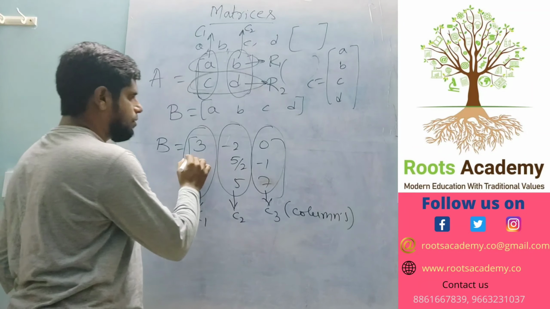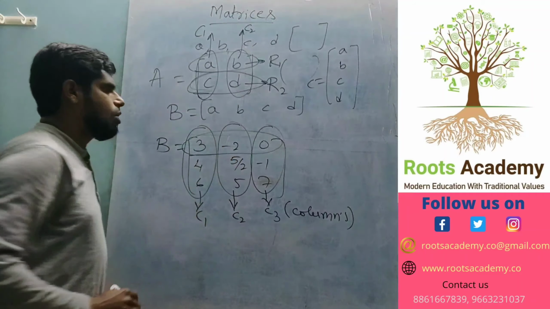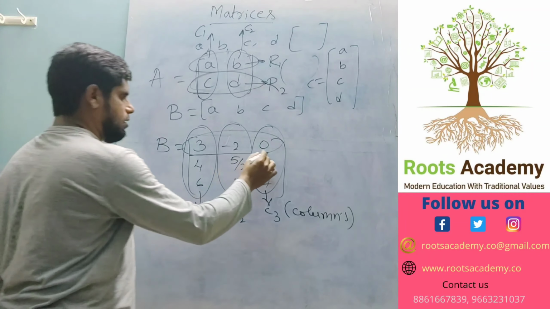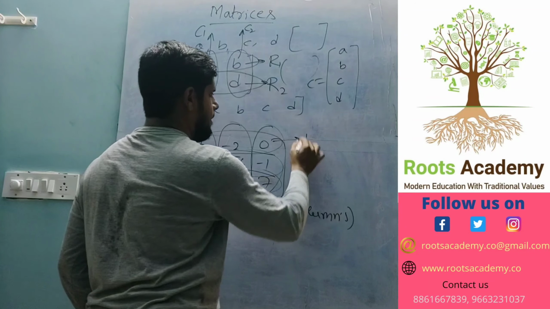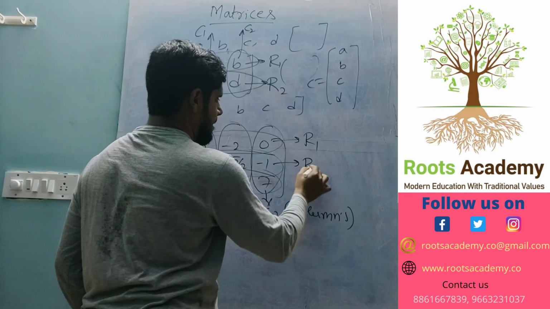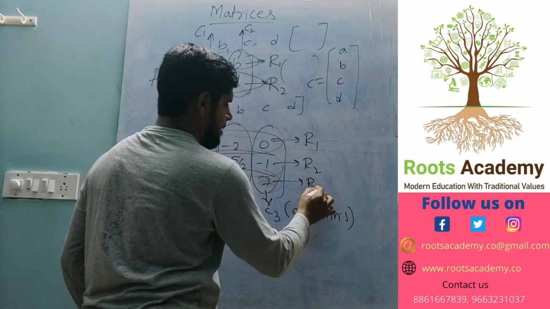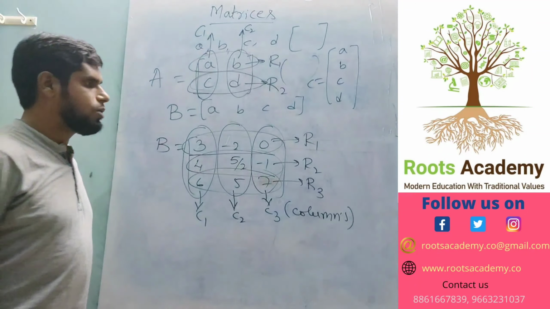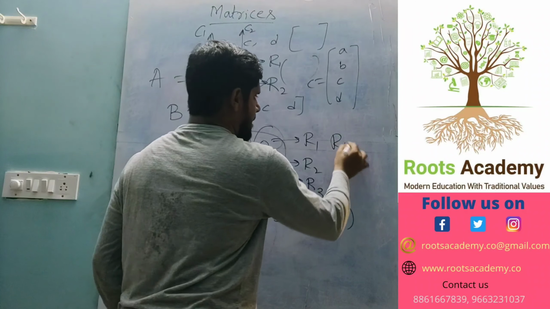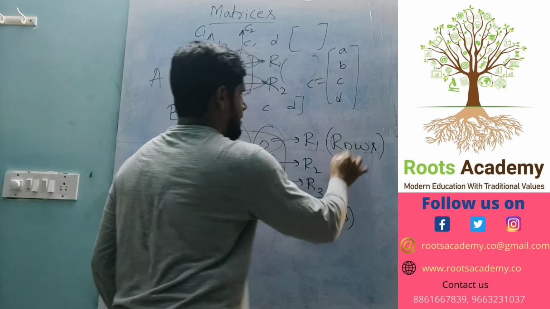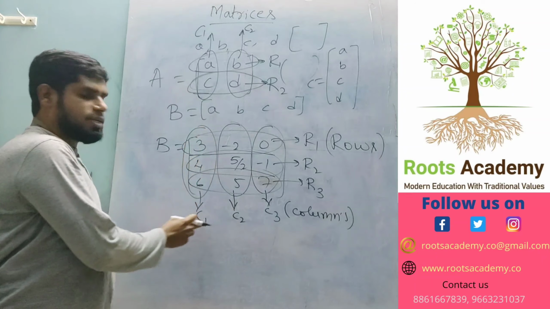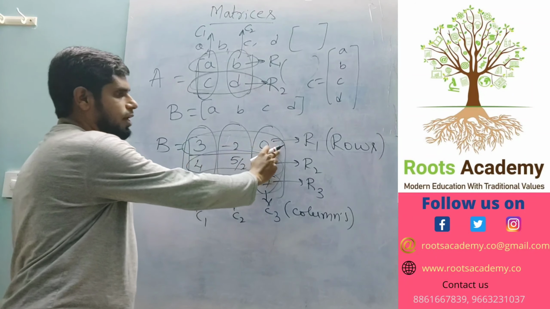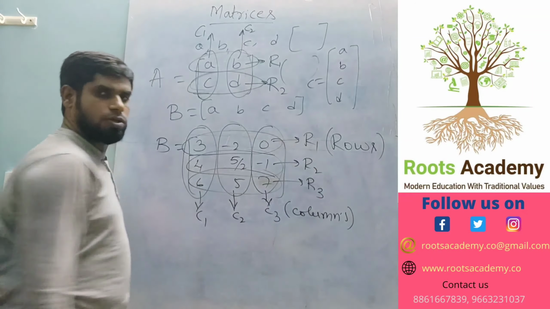And these horizontal arrangements are called row 1, row 2, row 3, rows. So vertical arrangements, columns; horizontal arrangements, rows.